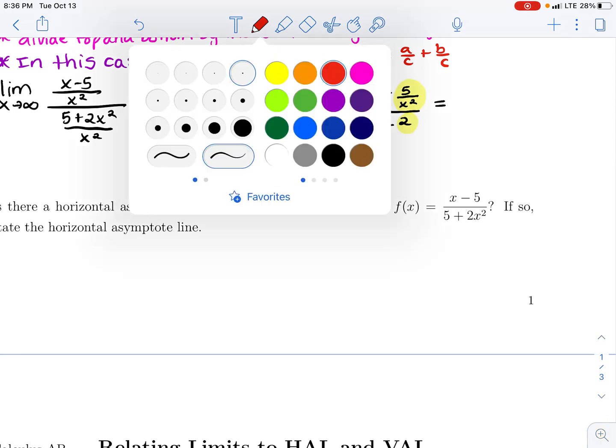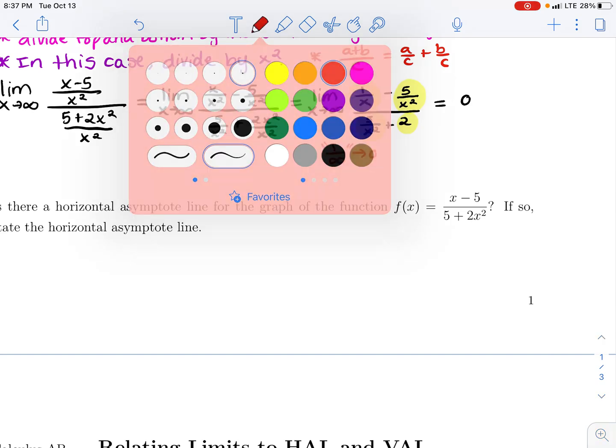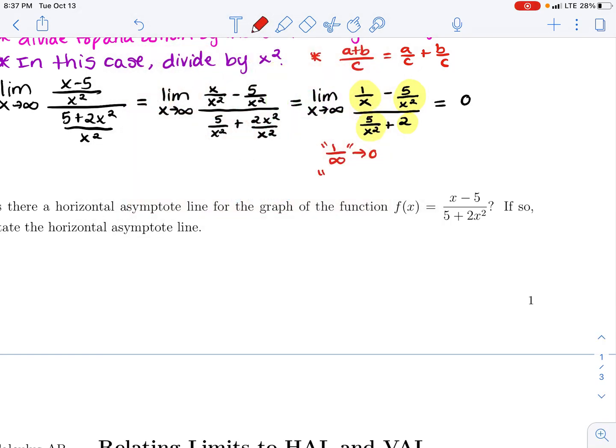Okay, so that's the first part. I have 0. Okay, what's happening to the limit as x approaches infinity of 5 over x squared? Well, as x approaches infinity, what's happening to x squared? X squared is also approaching infinity, and so what I'm going to have is 5 over infinity within the limit, that approaches 0.